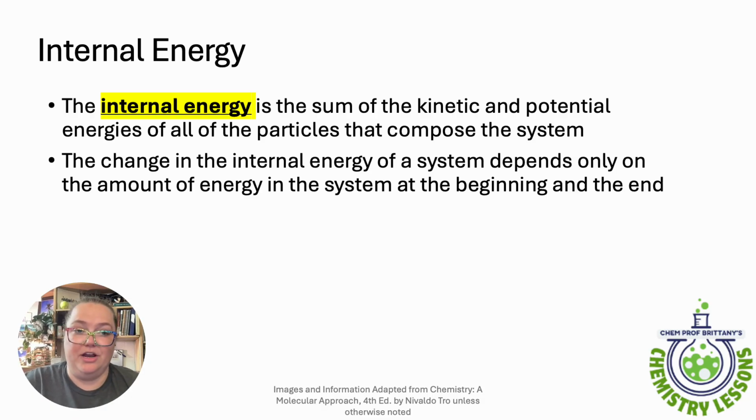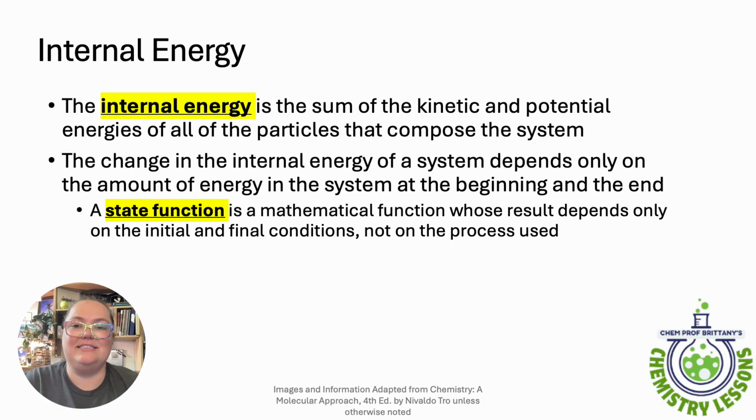This stays true here. Because of the initial and final business, we call this a state function. A state function is a mathematical function whose result depends only on the final and initial conditions, and how we got there doesn't actually matter. So we can write it in a formula like this.